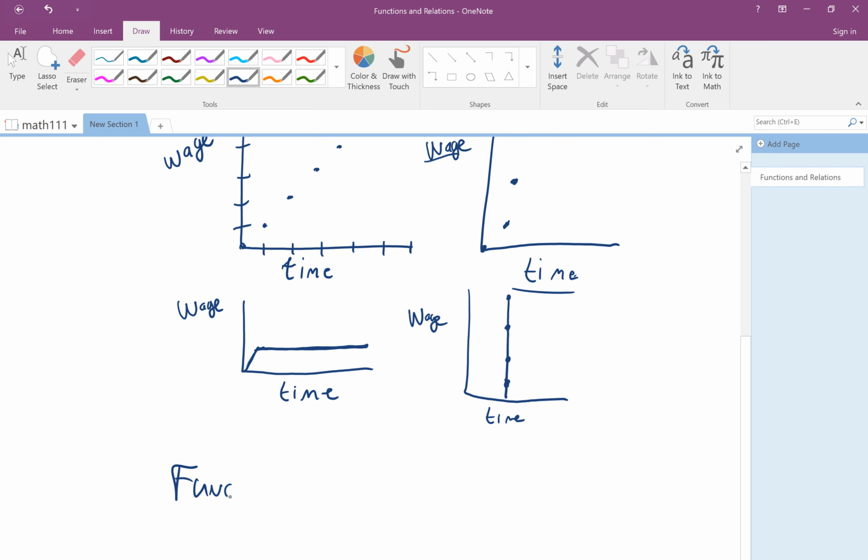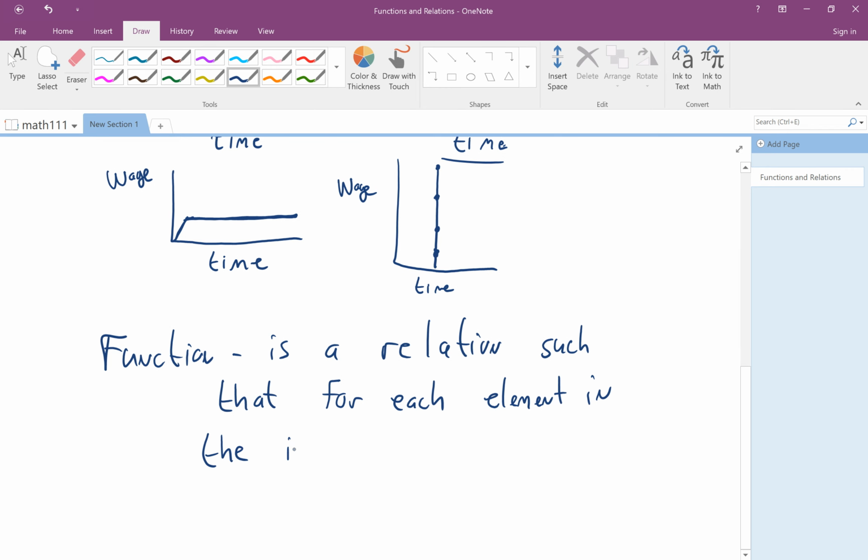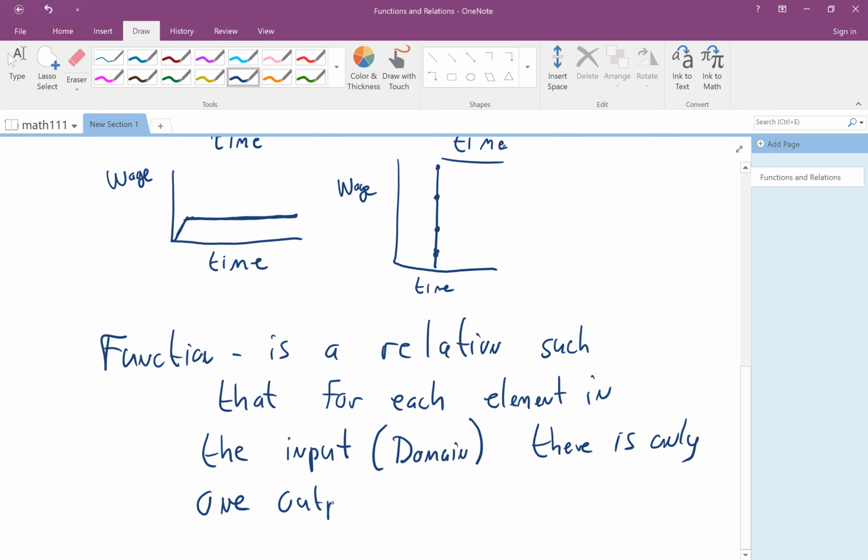A function is a relation such that for each element in the input, in parentheses domain, there is only one output, or range.